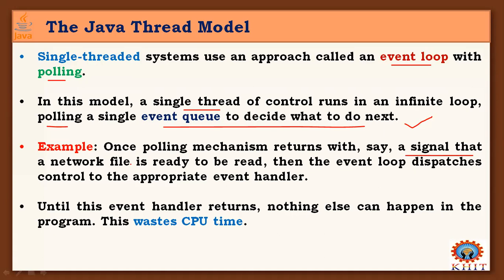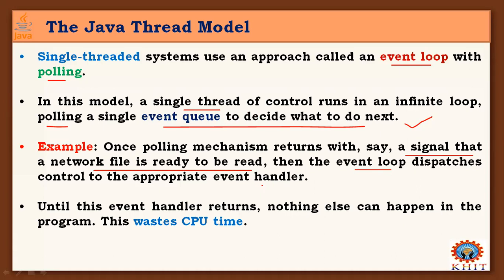An example of this situation is some signal that a network file is ready to be read. Then the event loop generates the event to dispatch to a proper handler. Whenever an event occurs in a particular situation, to handle that event we need a proper handler mechanism.